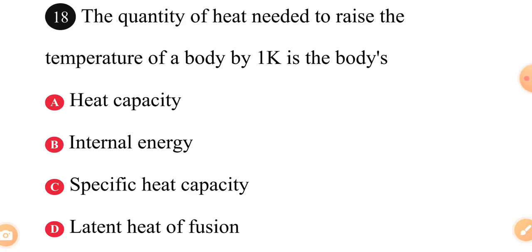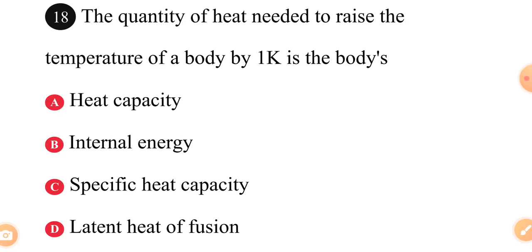The quantity of heat needed to raise the temperature of a body by 1 Kelvin is the body's dash. I've always treated this question. If you followed me from part 1, you will see that I've always treated this question. A. Heat capacity.